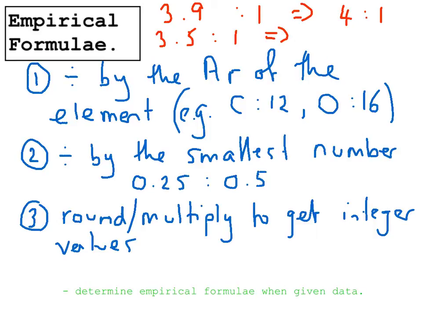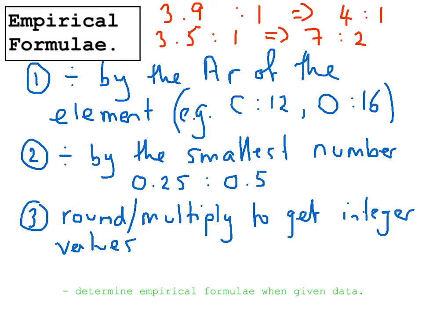You'd have to double both numbers to get 7 to 2. The times you would round are going to be very obvious. They'll either be something like 0.99 or 0.98, or it'll be something like 0.01 or 0.02. If it's either 0.5 or 0.33 or 0.25, then you're going to multiply by either 2, 3 or 4, depending on what the number is.